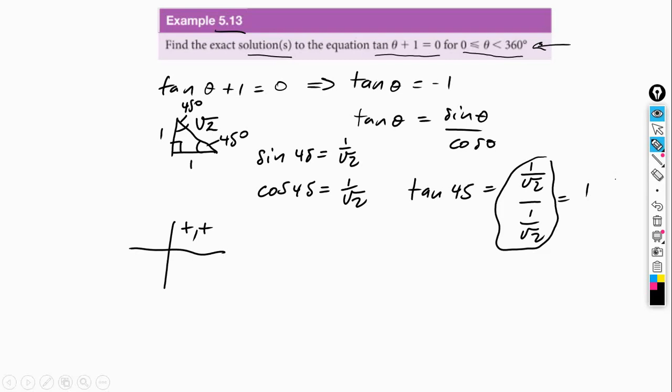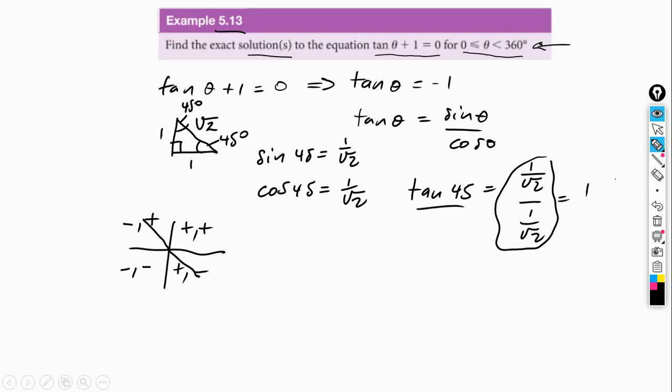But there would be a solution in the second quadrant because here we have that cosine is negative and sine is positive. There's no solution in the third quadrant because here both are negative. But there is another solution in the fourth quadrant where cosine is positive and sine is negative. So our reference angle of 45 means that I have a solution here and another solution here.